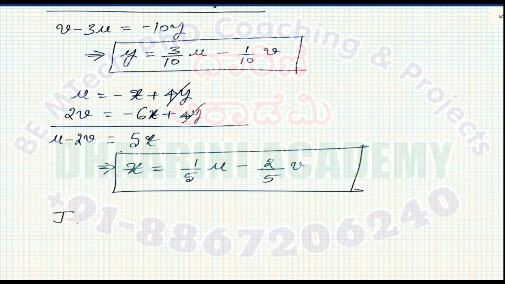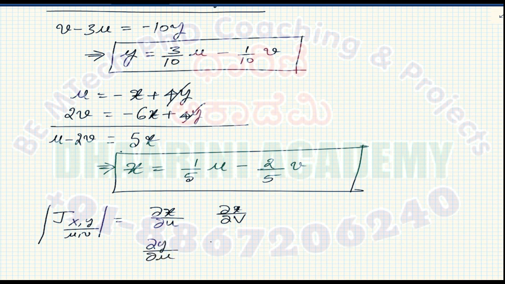So J is the determinant of dou(x, y) over dou(u, v), which is dou x by dou u, dou x by dou v, dou y by dou u, dou y by dou v.